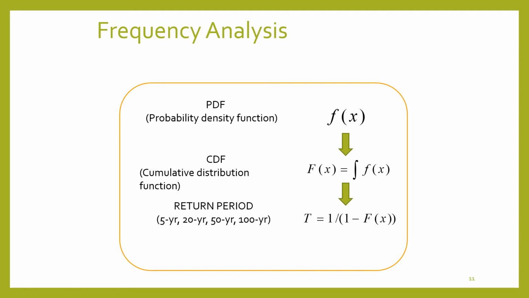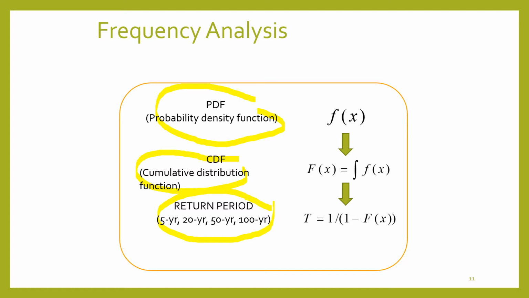We have our data, the annual maximum series data, and then we analyze it and fit to the best distribution model. Then we can get the PDF according to the distribution model. Each distribution model has some formula, some equations. So we have the PDF, and then we convert it into a cumulative distribution function, a CDF, and from that value we can get our return period.